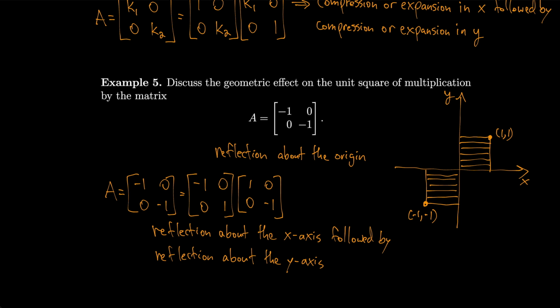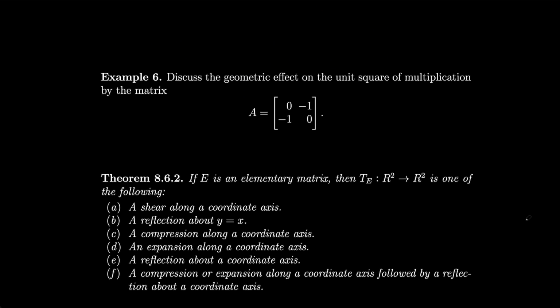Right? It's the same thing as reflecting and then reflecting again. It's the same thing as just doing one reflection about the origin. Two different ways of looking at the same thing.